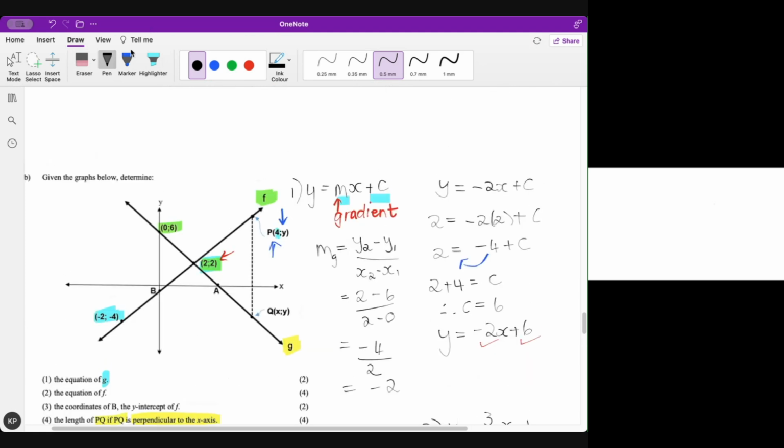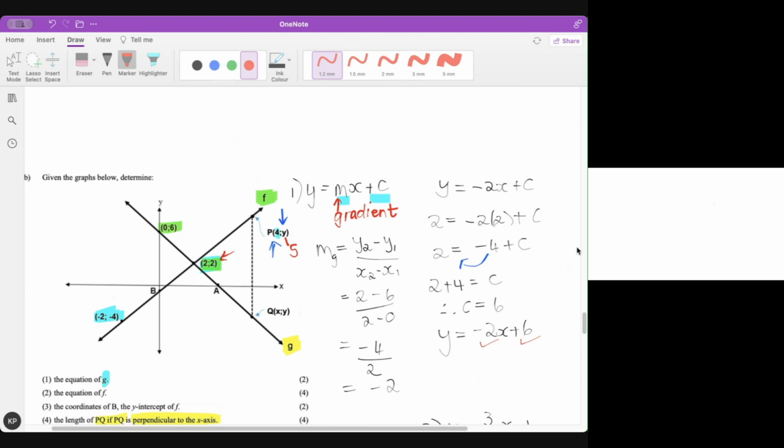Okay, so this y we know is 5. So if this y is 5, guys, what is the y at Q? What is the y at Q? It is also 5. Why do I say that?